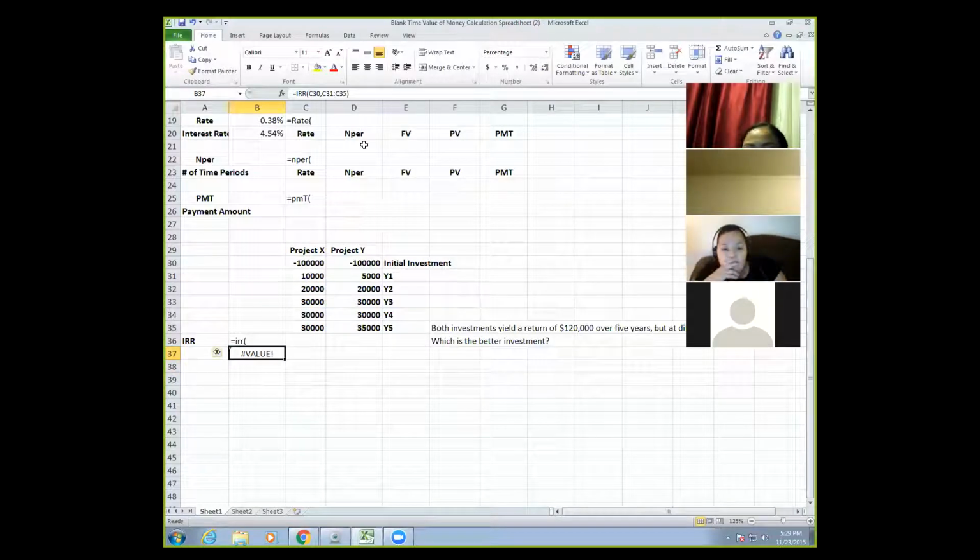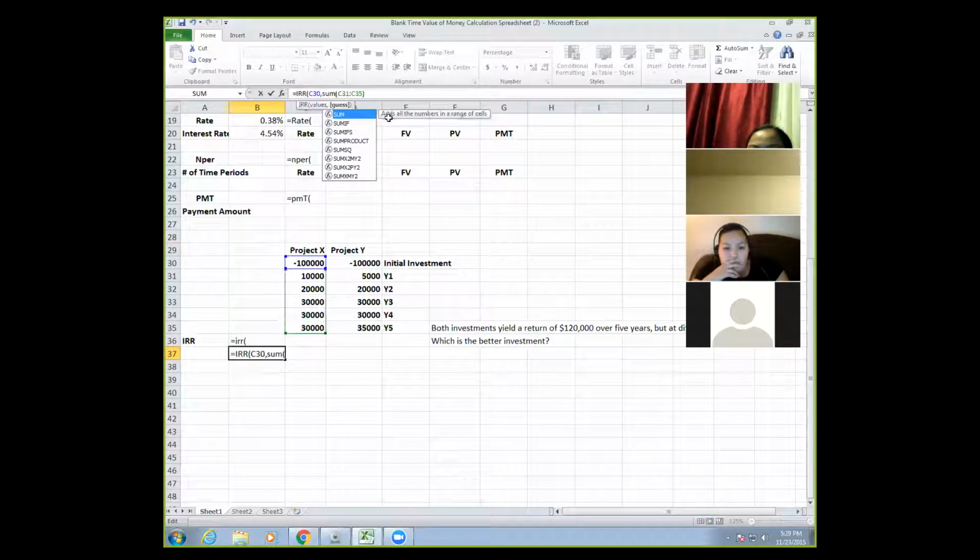Why are you not telling me that? I think I ran into this problem before. Oh, what's going on? This is of the wrong data type. Really? Let me try this.